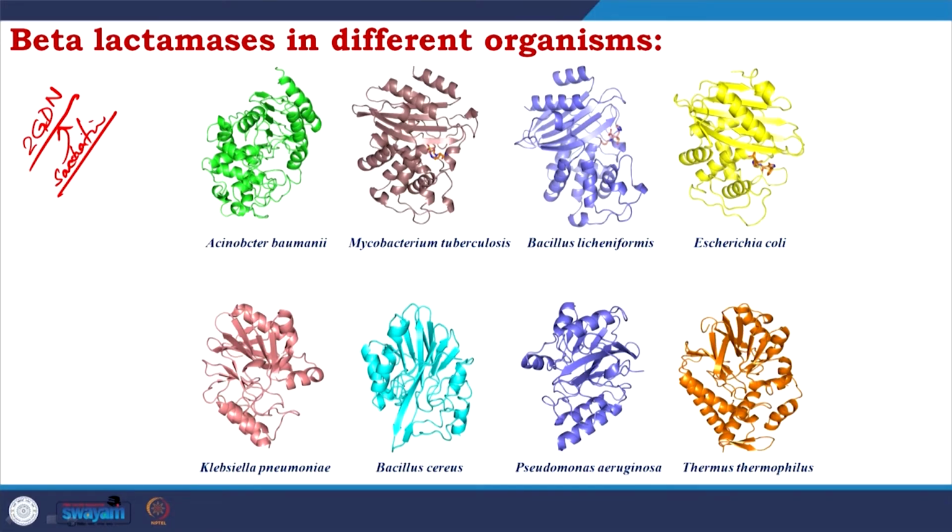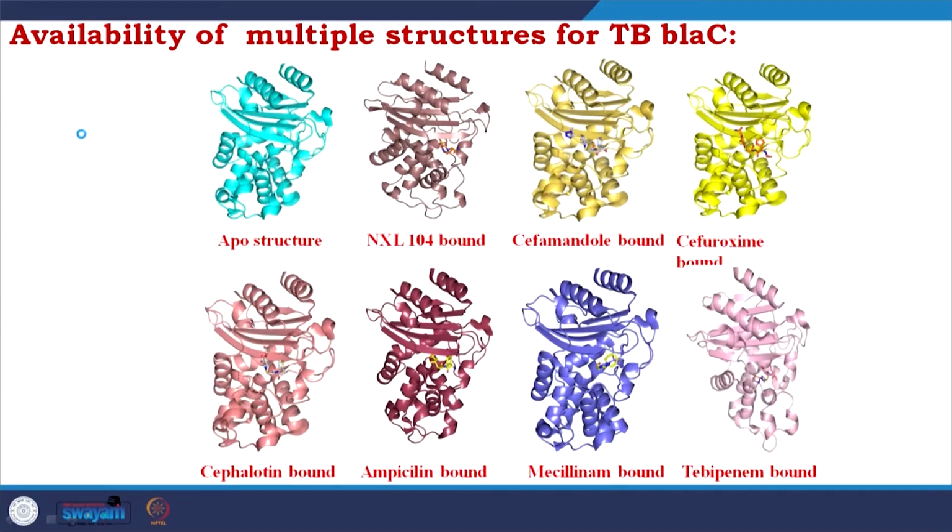Also, if you take a close look at the tuberculosis beta lactamase structures, as I told, the apo structure, 2GDN, and then structures we got with NXL104, which is avibactam bound, cefamandole bound, cefuroxime bound, cephalothin bound, ampicillin bound, meropenem bound, and tebipenem bound.